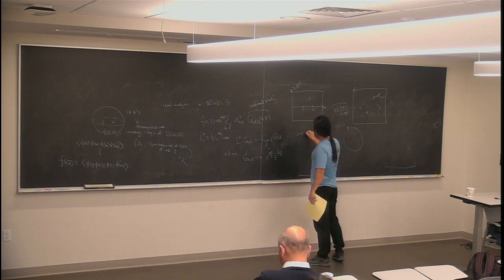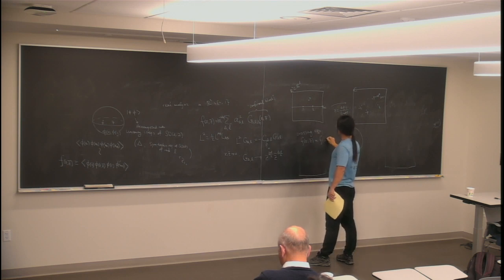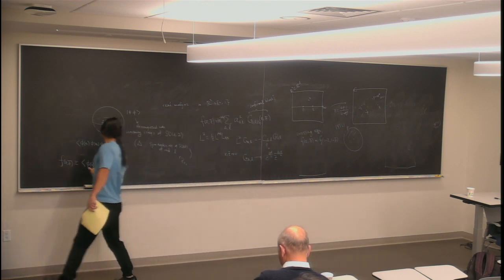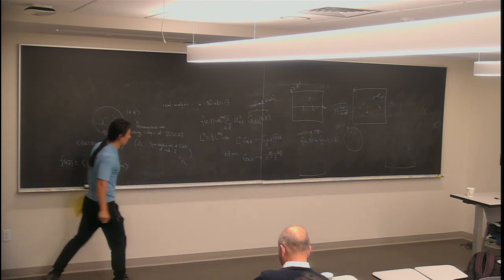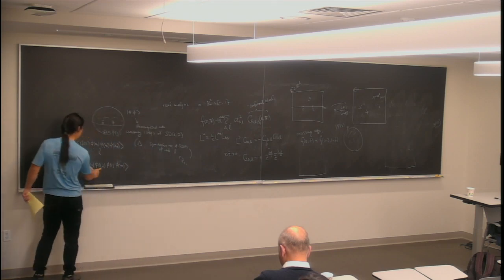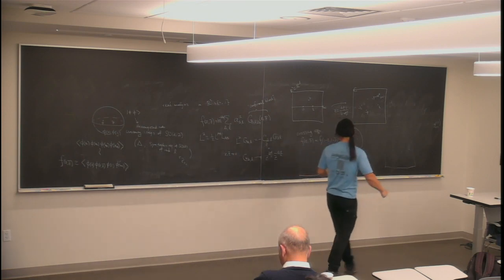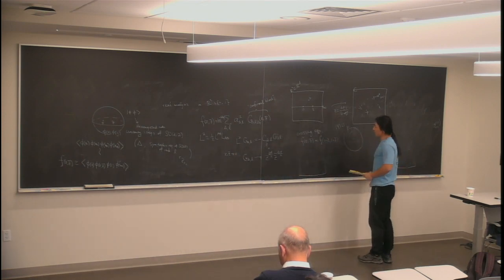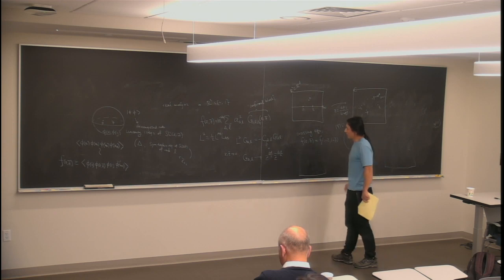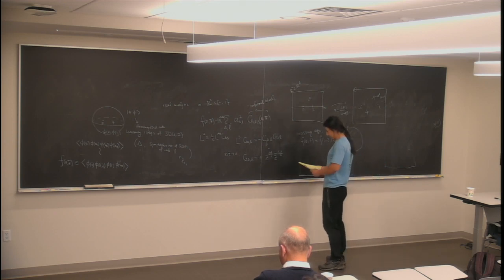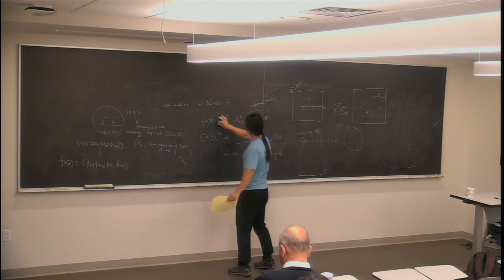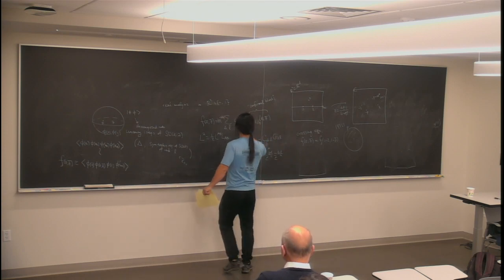the crossing equation, which says that f of z should be equal to f of 1 minus z. This is equivalent to exchanging the operator phi 0 with operator phi 1. So instead of doing this OPE of phi z with phi 0 first, you do OPE of phi z with phi 1 first. Now this is quite non-trivial because if you plug into this formula, we find that, I guess if you group this here, maybe I should just use a different name.